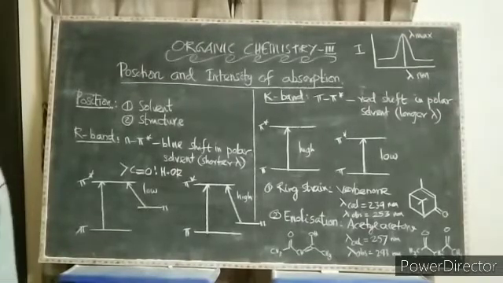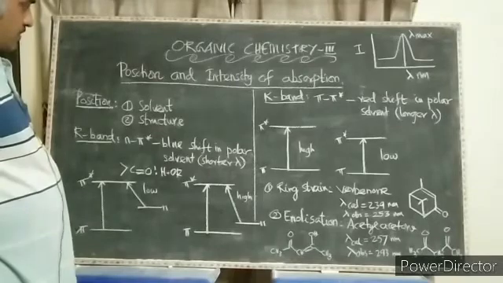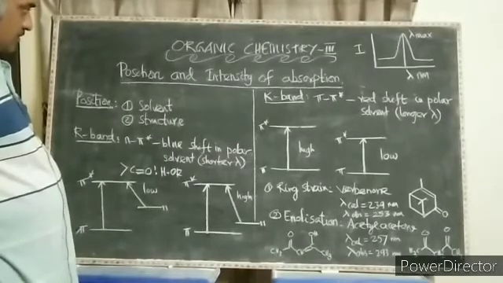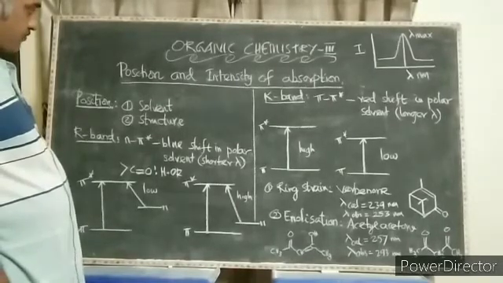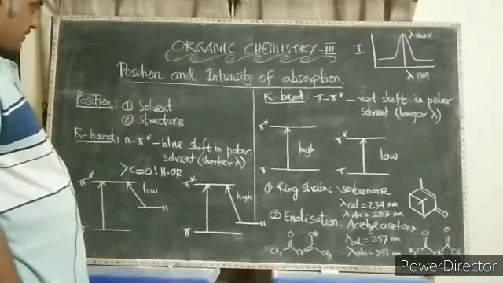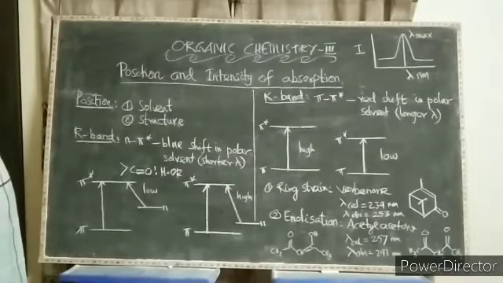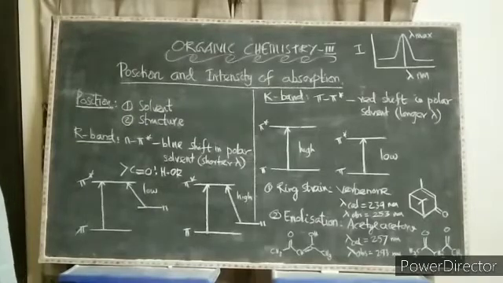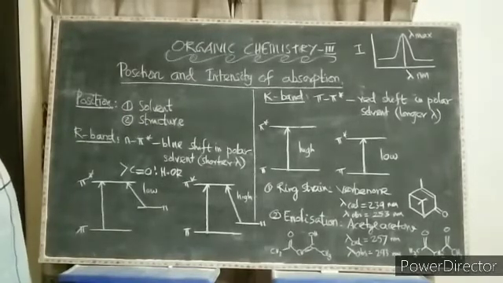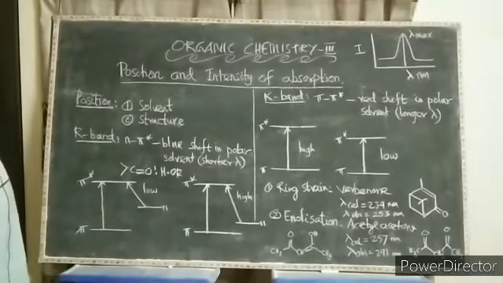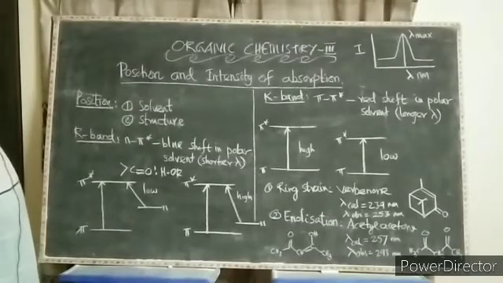Now, I said there are 4 different transitions: sigma to sigma star, n to sigma star, pi to pi star, and n to pi star. Of these 4 different transitions, 2 are very useful, that is n to pi star and pi to pi star. They are the R band and K band respectively.